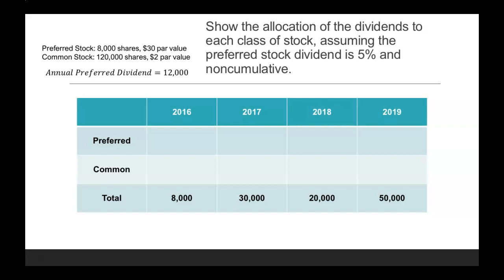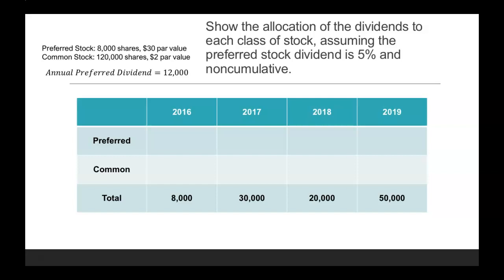So in 2016, we said as Palmer Company, we are handing out $8,000 in cash dividends. Sounds great, but we don't have enough here to pay for the total annual preferred dividend that we just calculated, because we said that our preferred stockholders are supposed to be getting $12,000 every single year.